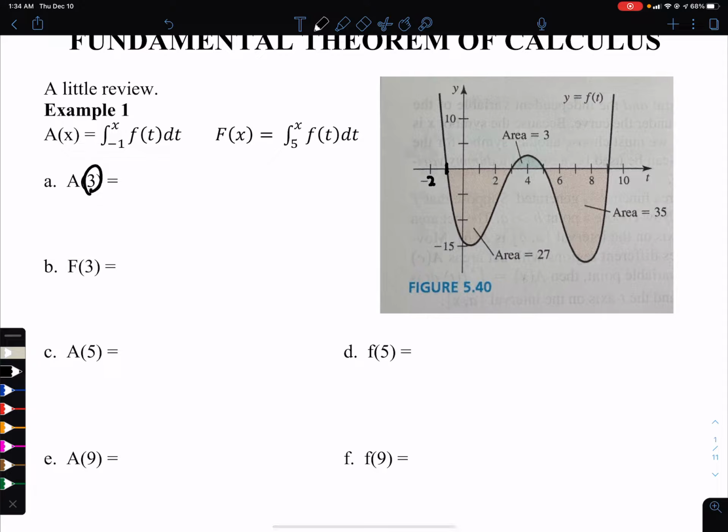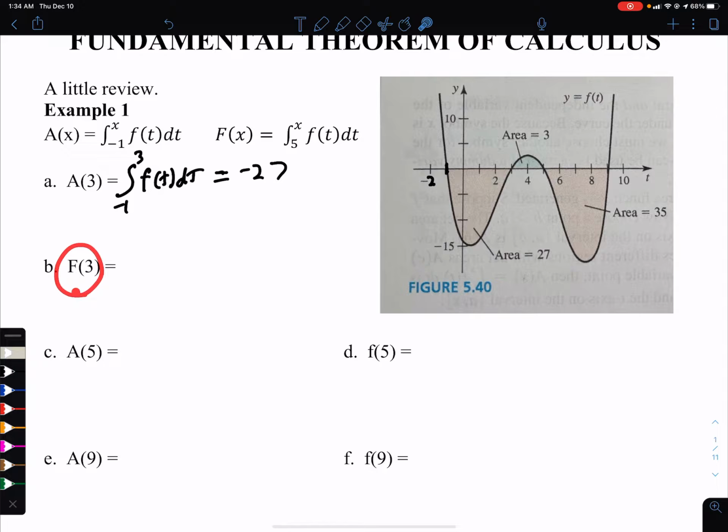So the first one, we want A of 3. That means we want the integral from -1 to 3 of our function. What's the net area from here to here? Well, as I sweep this way, since it's below the x-axis, it's going to be negative. That's just going to be -27.